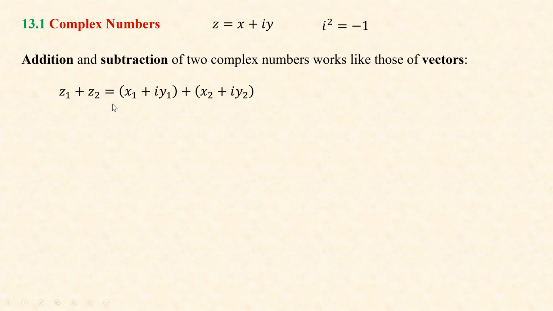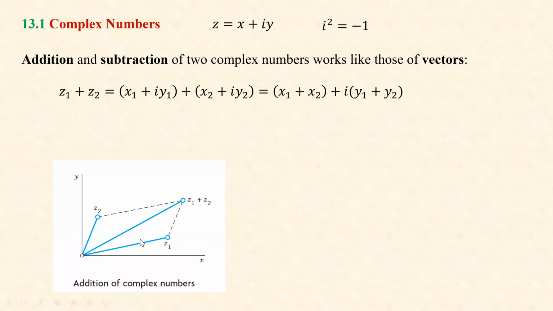If you add them, you can just add all the terms but collect similar terms, meaning x1 and x2 are the real parts, so it becomes x1 plus x2. And the imaginary parts you can add and factor the i, so it becomes x1 plus x2 plus i times y1 plus y2. And as you see, it is like vectors.